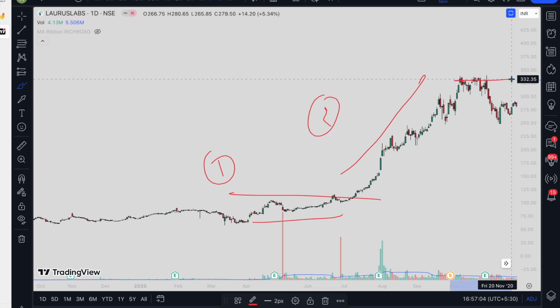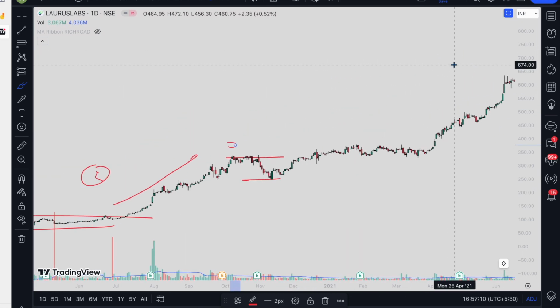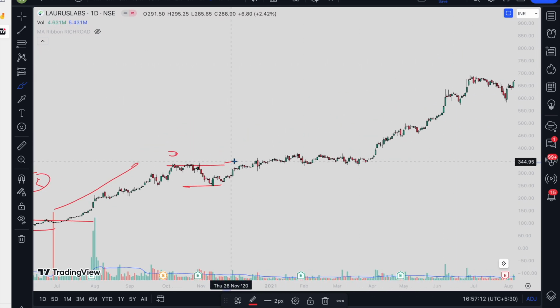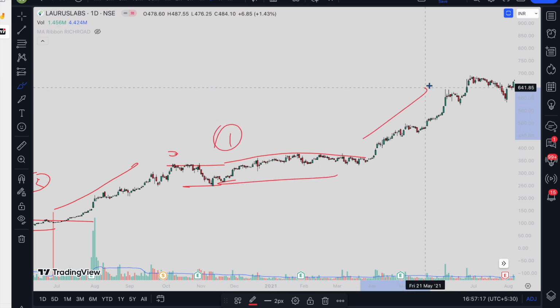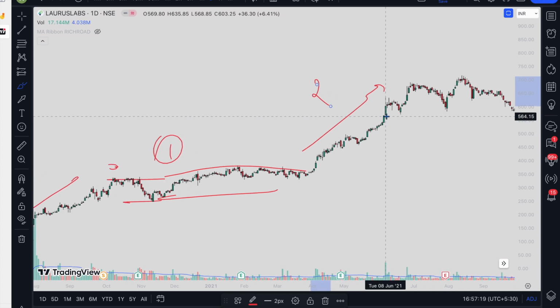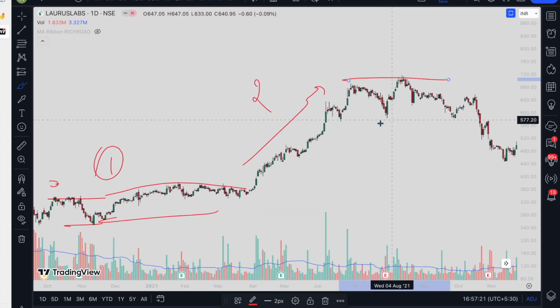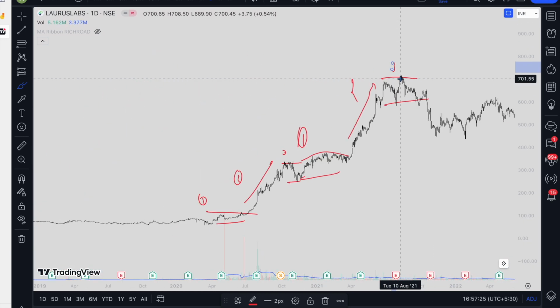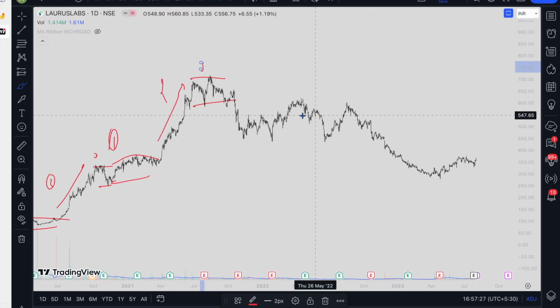At this point, you will label 3. Don't lie. You will. This actually turned out to be 1, according to the book. Again, 2 happened. And then finally came what? 3, topping area.